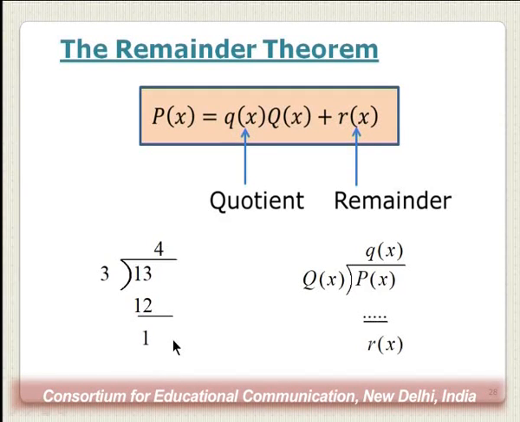Now also, in terms of numbers, the remainder is always less than the number you divide by, because that is the whole idea. If the remainder were higher than the number you were dividing by, then you could have done further division. Clearly, because you have to stop here, it means that the remainder has to be lower than the number you divide by, which is 3.